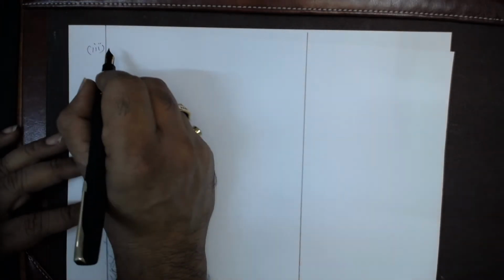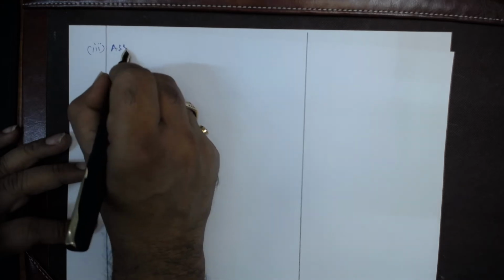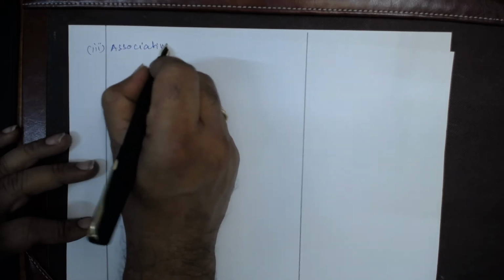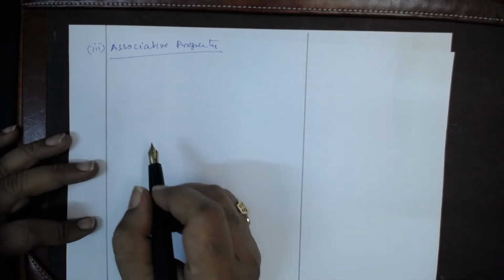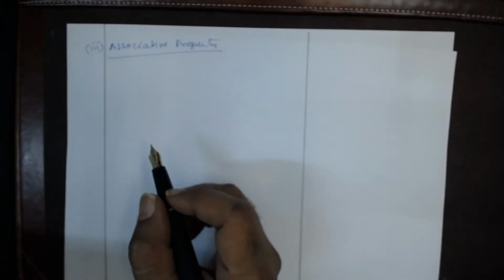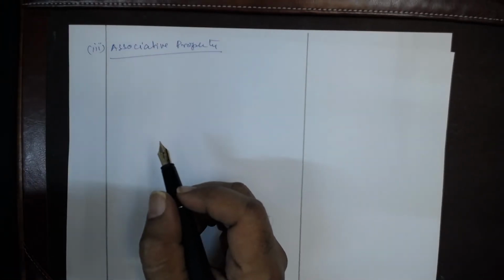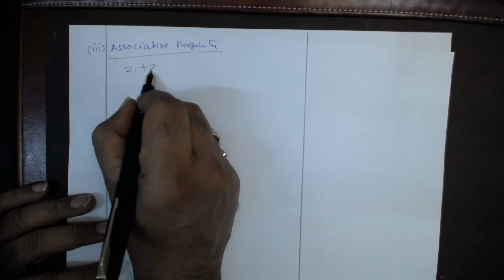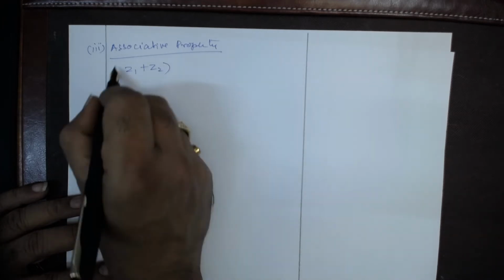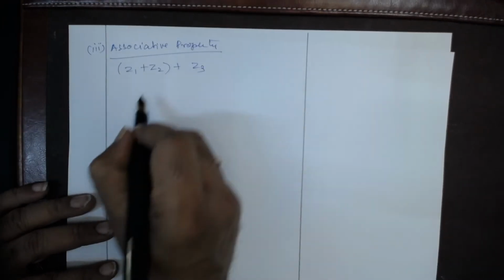Third, associative property. Let me consider Z1 as a complex number, another complex number is Z2, and these two are added, then it is added with the third complex number.